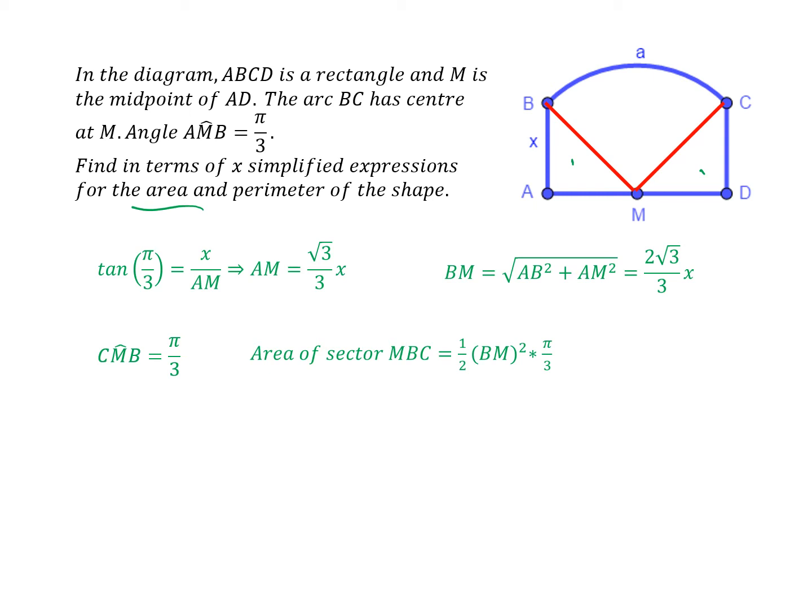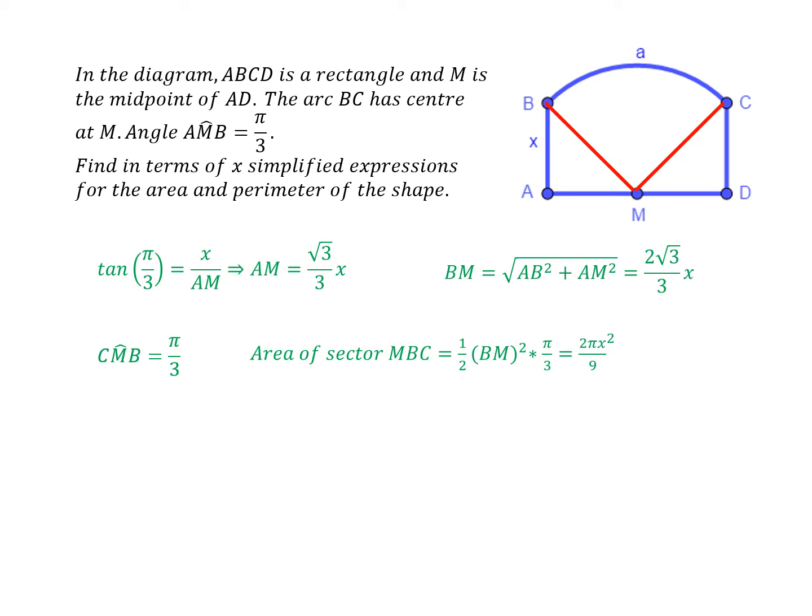For the area of the sector, I'm using half r squared theta, because theta is pi over 3 and that's in radians, and r, the radius of this sector, is the length BM. So when I use my expression for BM, squaring it and then multiplying it by a half and by pi over 3, I get that expression there.